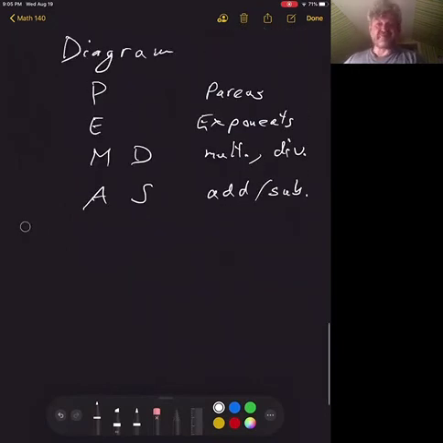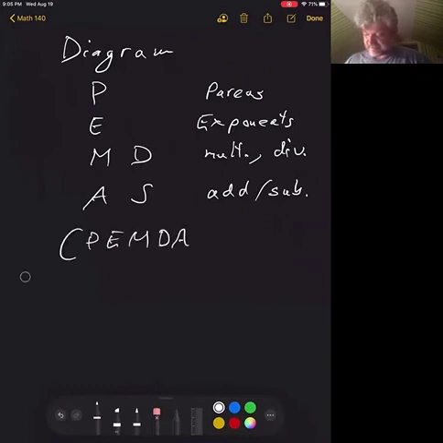And that is what you may have learned in high school as PEMDAS. But it really should be the multiplication and division on the same level and the addition and subtraction on the same level, each on their own rung of the ladder.